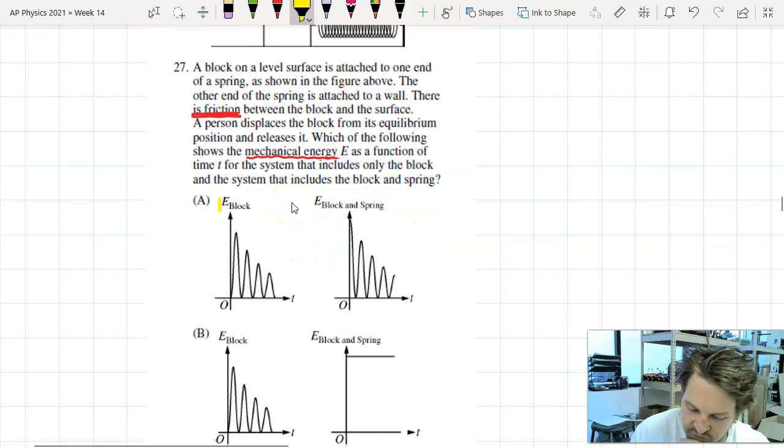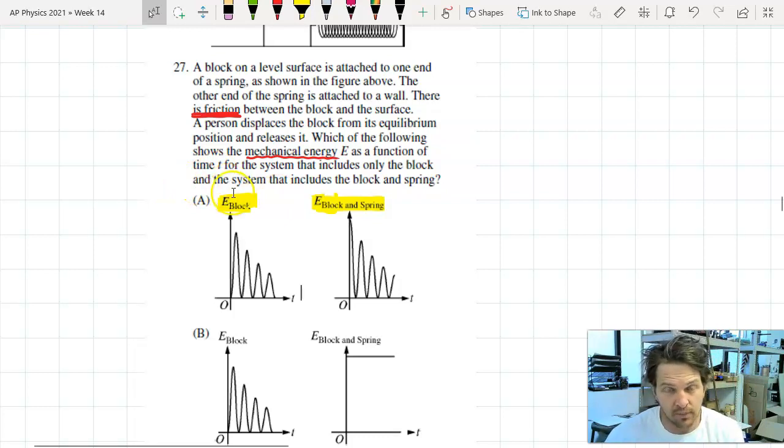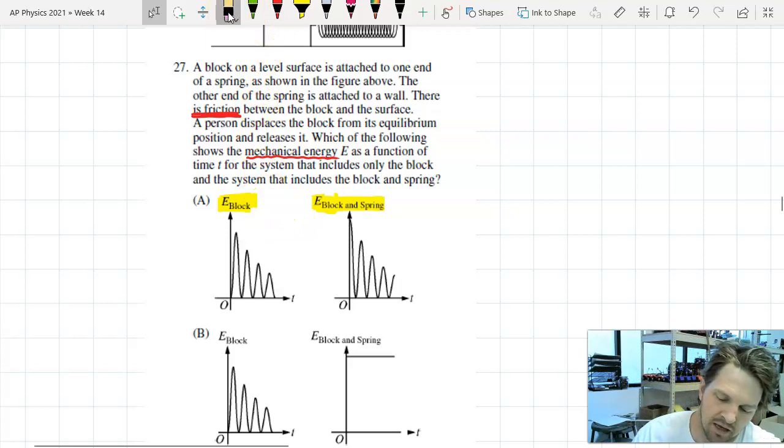We got two different systems. We have only the mechanical energy of the block, and then we have the mechanical energy of the block and spring. So the graph on the left is for just the block, and the graph on the right is for block and spring.